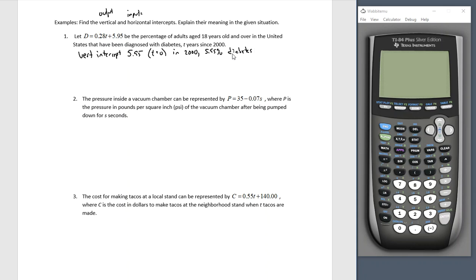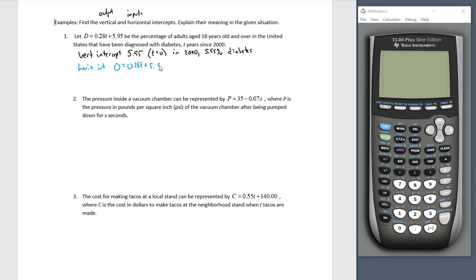I'm just saying. But in order to find our horizontal intercept, we use t equals 0 to find our output, our vertical intercept. For our horizontal intercept, now we're going to make d 0 and we are going to solve again.